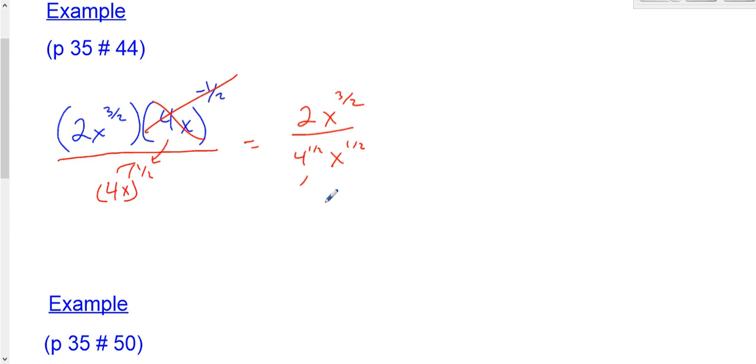At this point, I need to realize that 4 to the 1/2 is the same thing as the square root of 4, which is 2. So I can rewrite this as 2 times x to the 3 halves over 2 times x to the 1/2. And the 2's will cancel because 2 over 2 is 1.